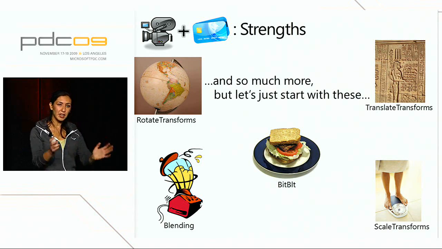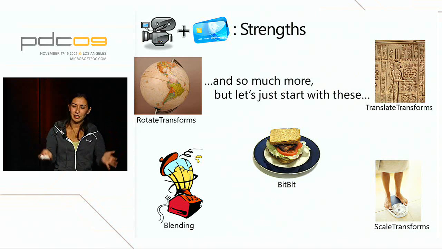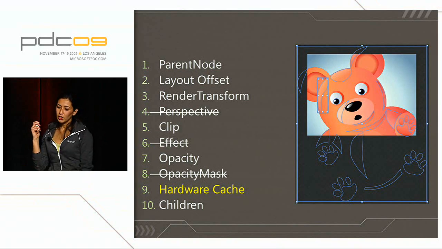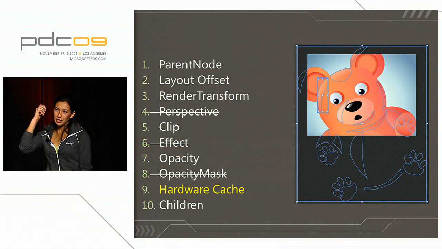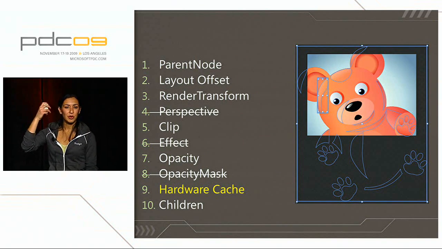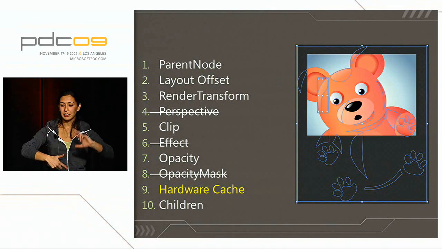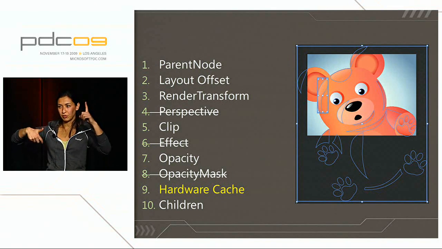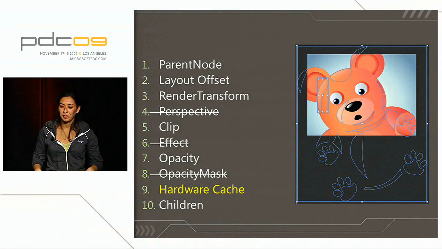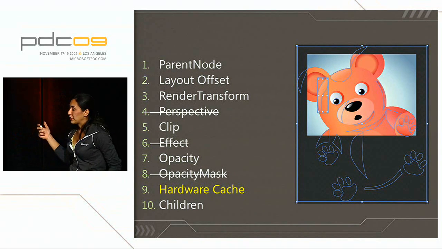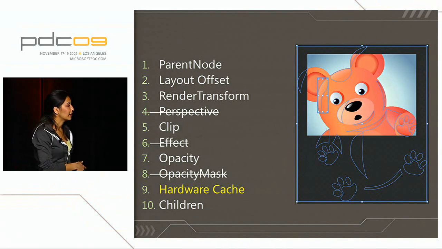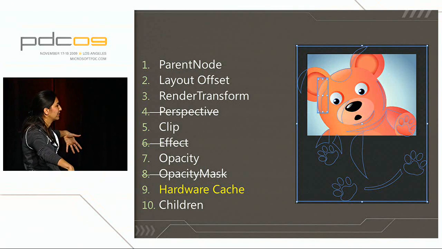But in Silverlight 3, we just introduced these 4 or 5 different features. So because we introduced only those 5 features, we didn't introduce perspective or effect, basically those features are cut off for that node if you want to use the hardware. The other thing about it is vector graphics are really awesome in that they scale very nicely.